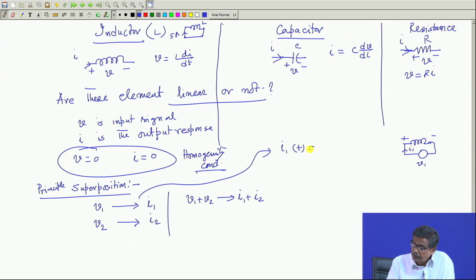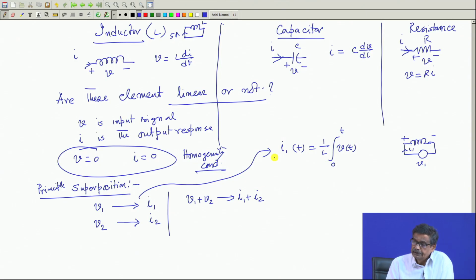So, I 1 will be equal to 1 by L, minus infinity to t. Or say minus infinity to 0 minus is 0, it has to be. So, I will write it then 0 to t, V dt, because I have assumed previous to that no voltage has been applied.